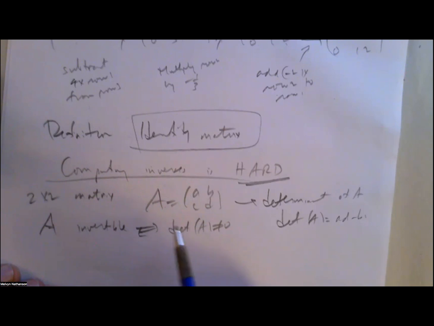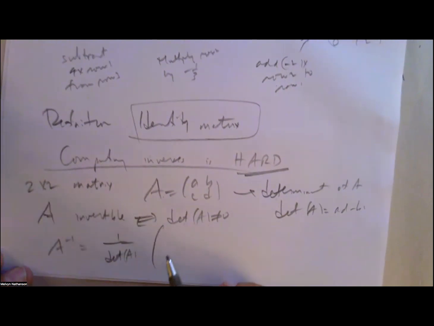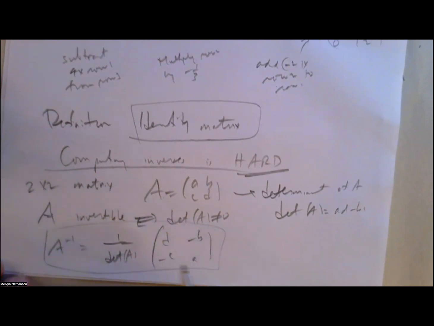And if the determinant is non-zero, the inverse is 1 over the determinant of A, I can divide by it, times the matrix D, minus B, minus C, A. So this is a fairly simple formula for the inverse of a matrix.